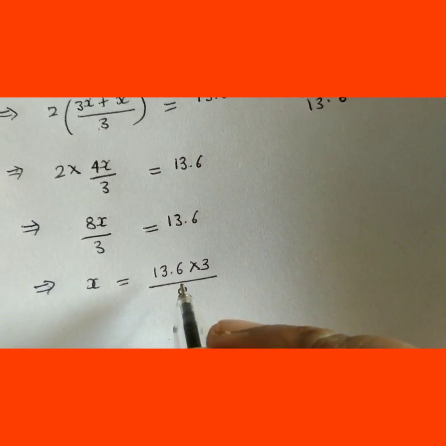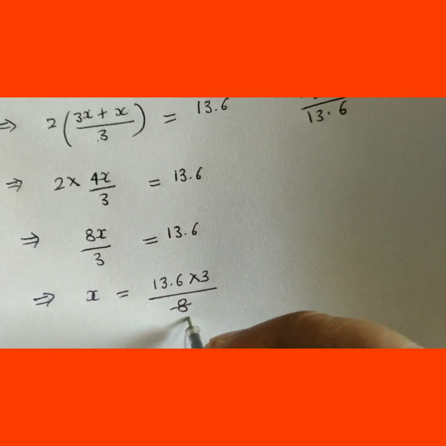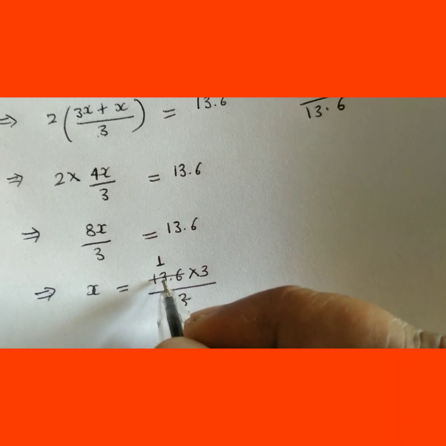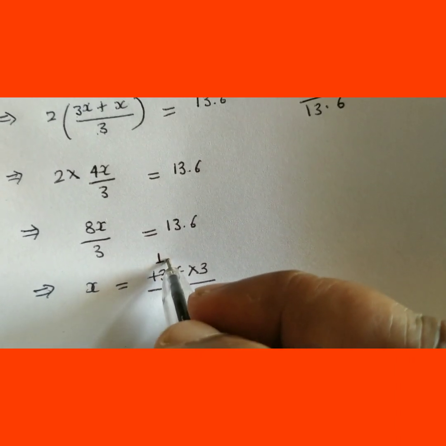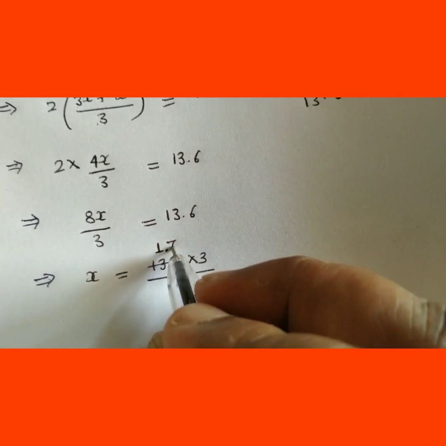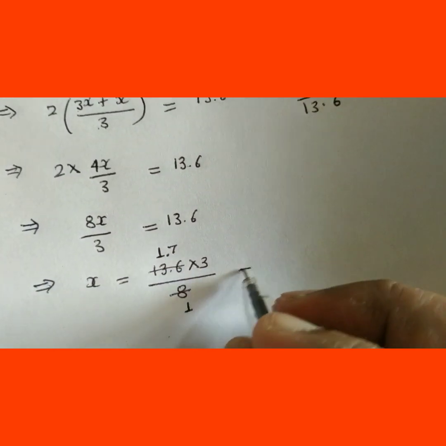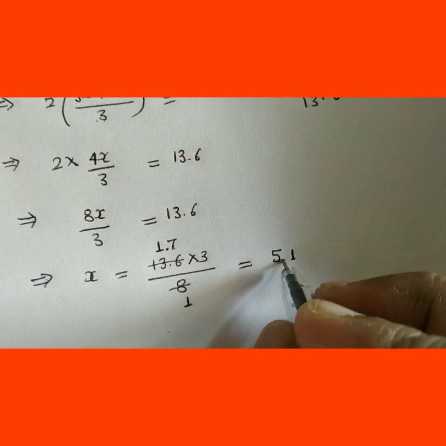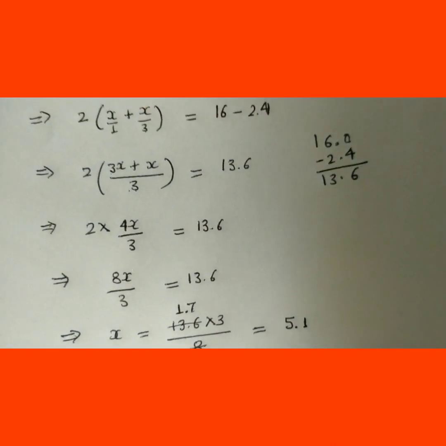Now 13.6 is divisible by 8. 8 1 8, 8 1 8, 5.6. So we'll put the decimal. 8 7 56. 7 3 51, and we have one digit after decimal, therefore it will be 5.1.